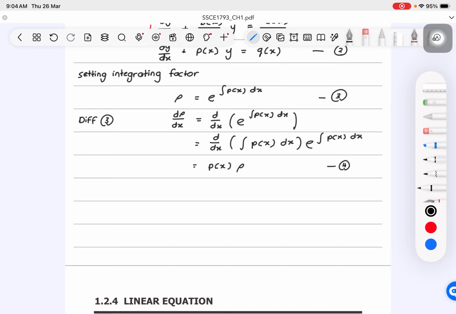Next we are going to multiply our second equation with rho for both sides.